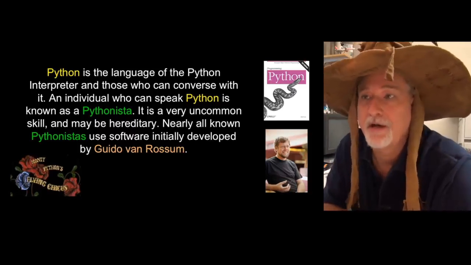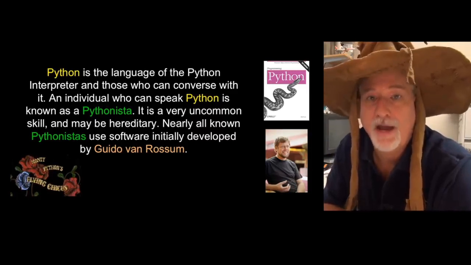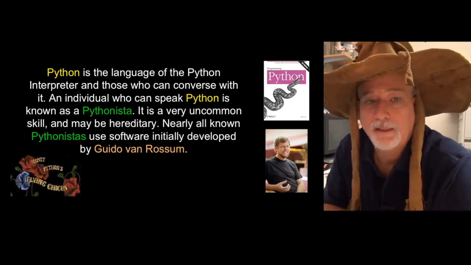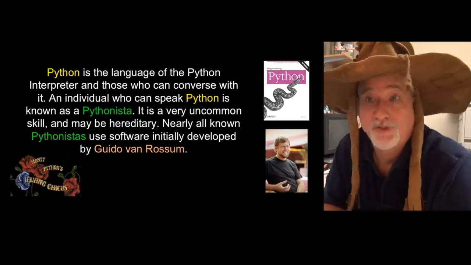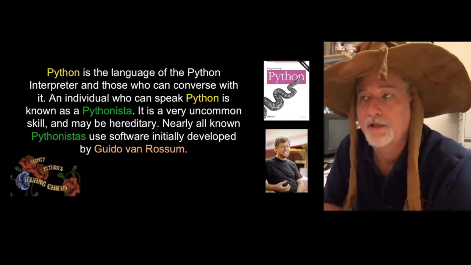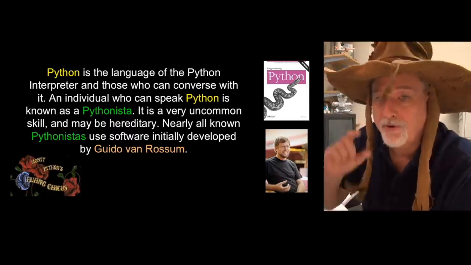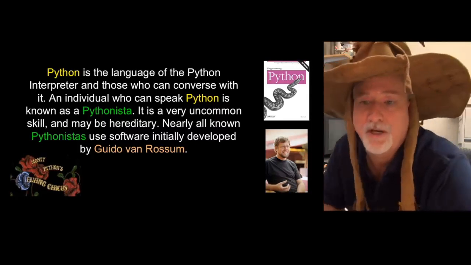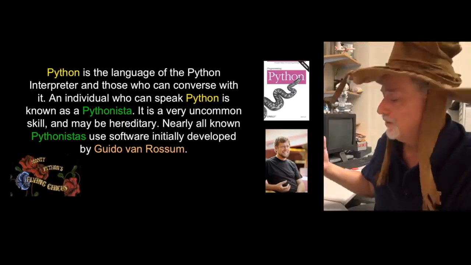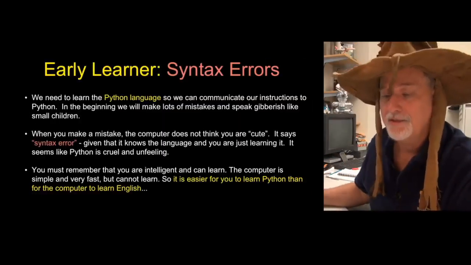And that's why Python recently has become so absolutely popular. It's easy to learn, but it's also powerful, and that's the magic of Python: the ease of learning it, the brevity of the programs, the shortness of the programs, and the power. And so we are going to become Pythonistas.